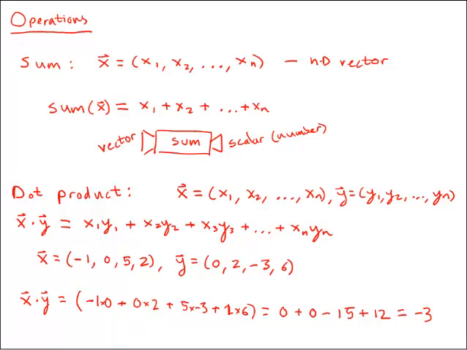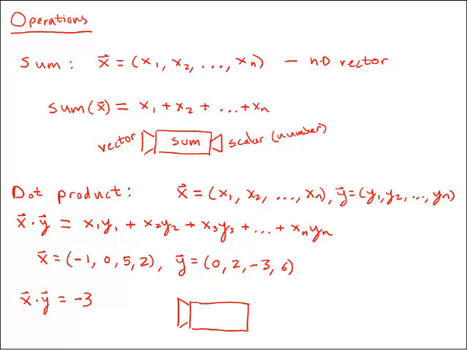For your confusion, I'm going to erase it so that I have a little more space. So we'll say that the dot product was, what did we say, -3. So how does the dot product work in our little machine? What is the input to the dot product operation? The input is 2 vectors. And what's the output?